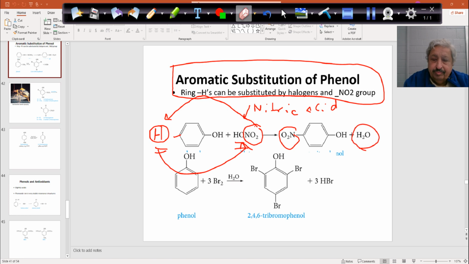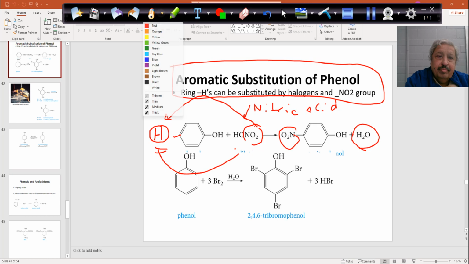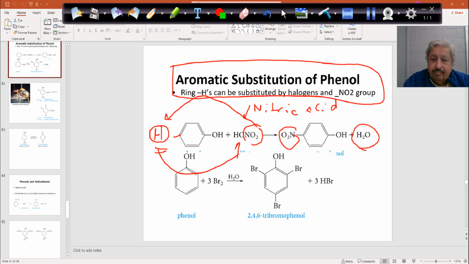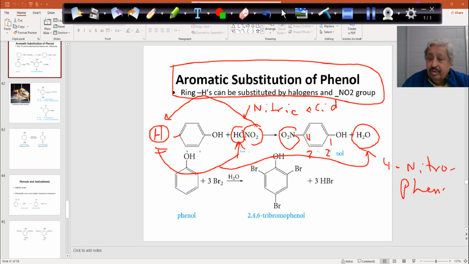Both of them make H2O, and the NO2, the nitro group. So the name of this is 1, 2, 3, 4 nitrophenol, because that's 1, 4, correct?